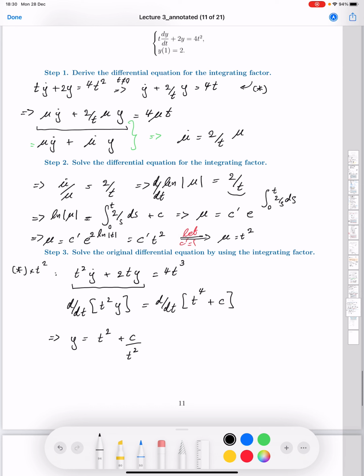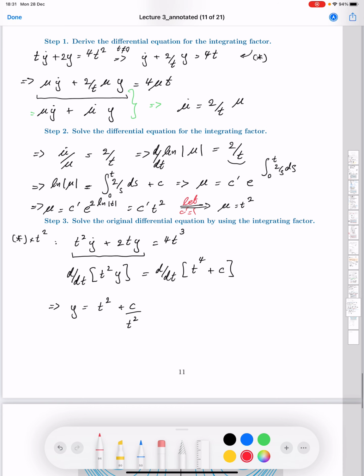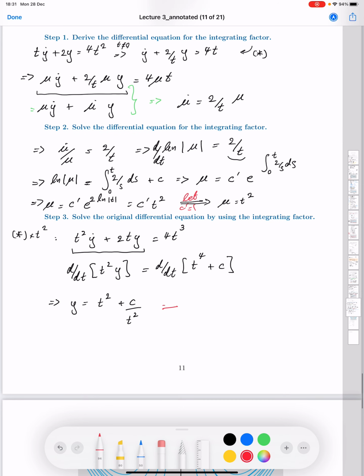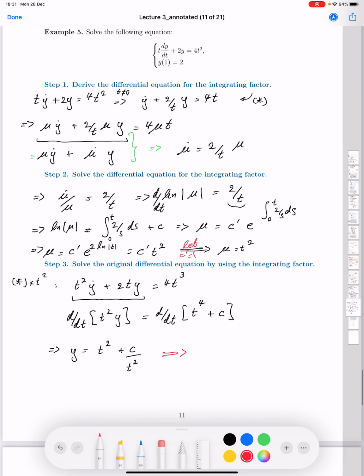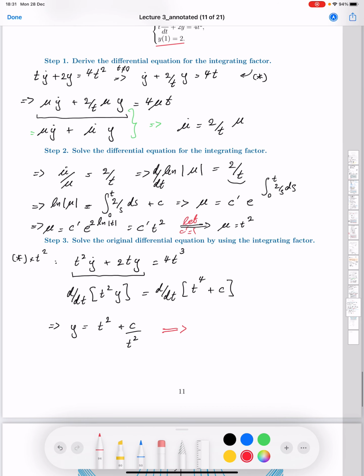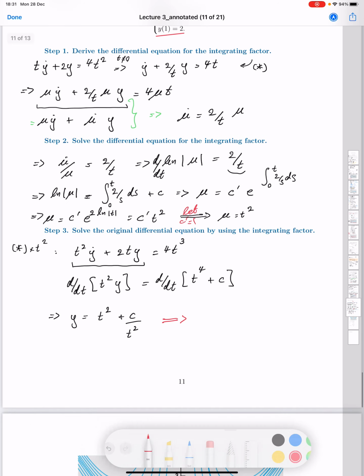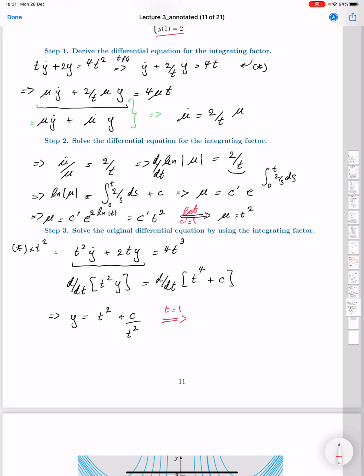Now we do have an initial condition. What was that initial condition? It's y at time 1 equals 2. So that means if I let t equal to 1, I should have y equal to 2.